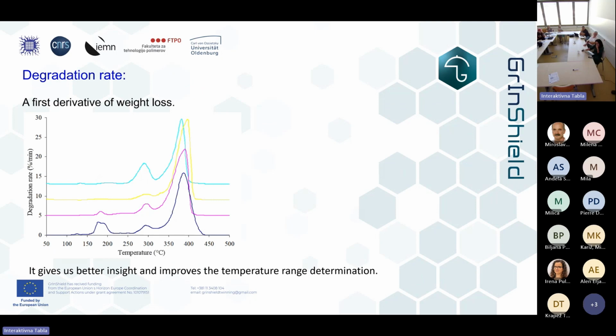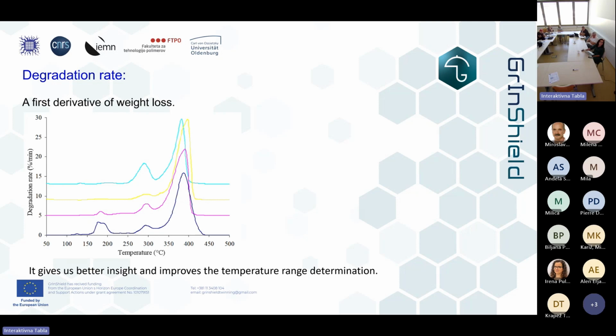Then one thing we obtain from TGA is this first derivative of weight loss. This is actually the rate of decomposition or rate of weight loss, and this can also give us some data. First, we use this to better determine the decomposition steps.